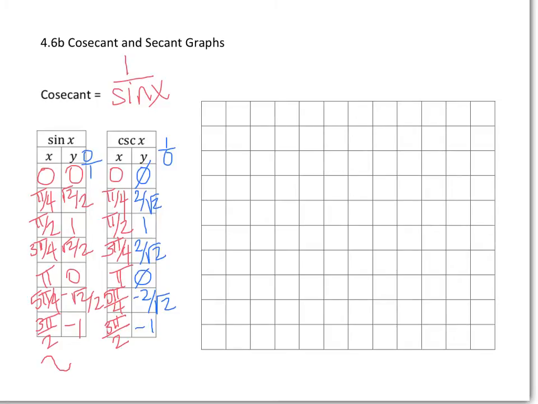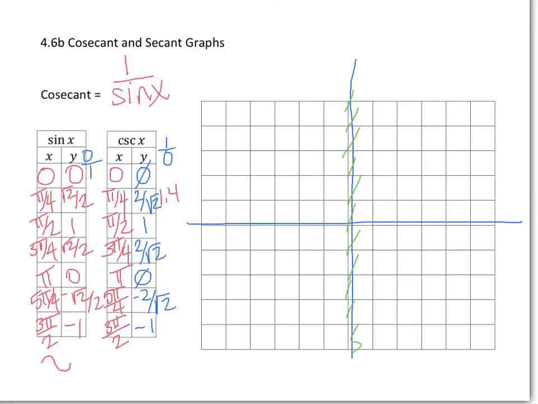So if I'm putting this on the graph, I know that at 0, you should realize we're going to have an asymptote. So I can draw that in here at 0. 2 over radical 2, let's get the decimal for that. 1.4.